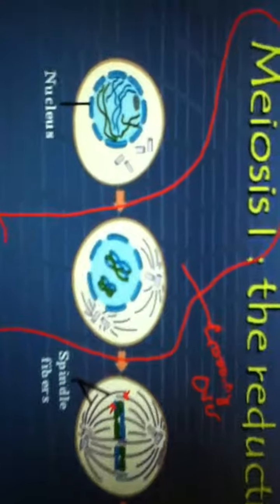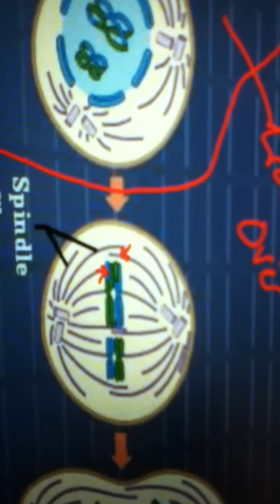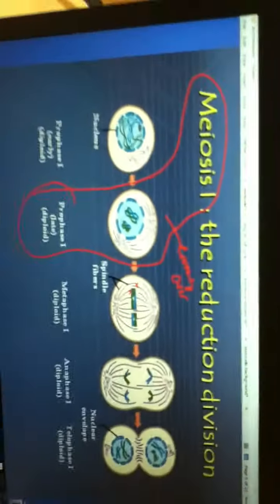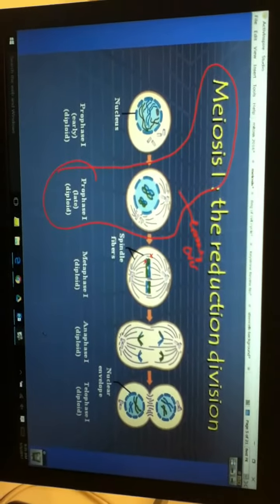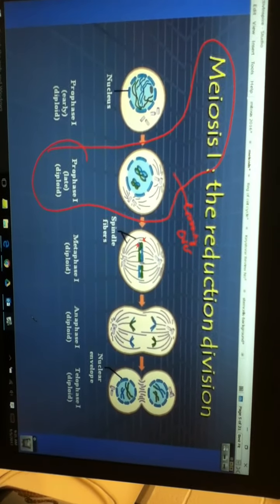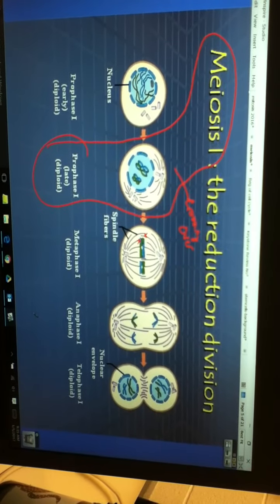What that's going to do is scramble your genetic information just a little bit. Now when these chromosomes split, they won't be identical copies to each other the way that they are in mitosis. They're going to be a little bit different. So crossing over provides a little bit of genetic variation among the chromosomes of your cells. So that's going to help you to not be a clone of your brothers and sisters.